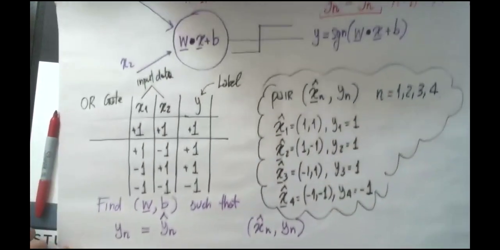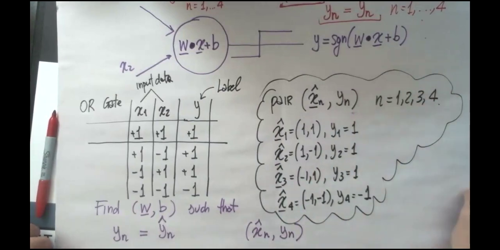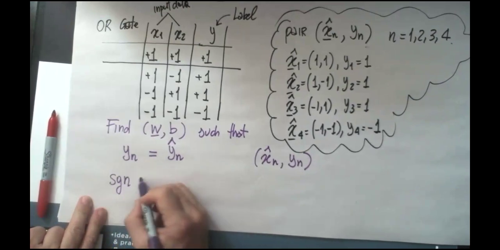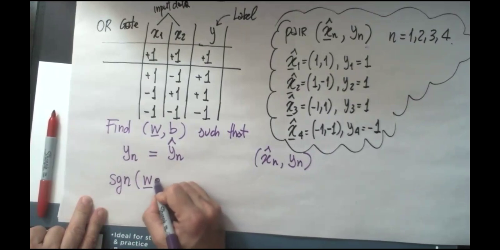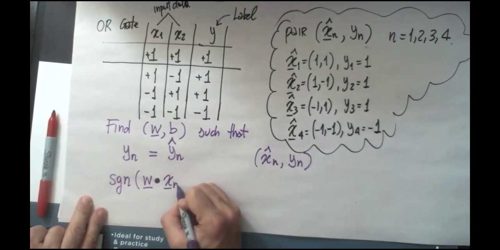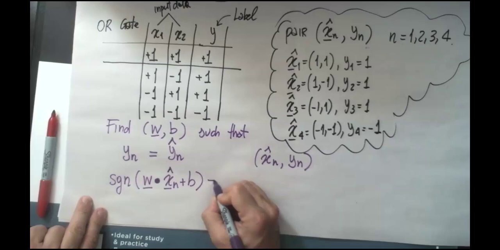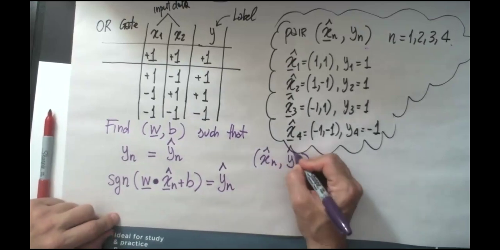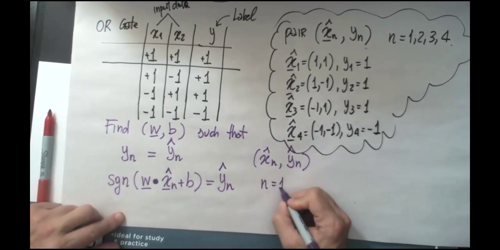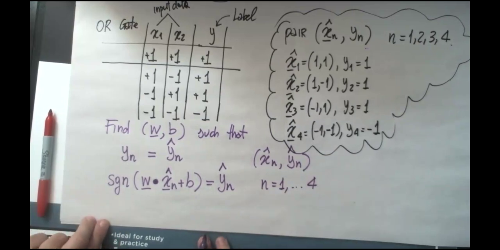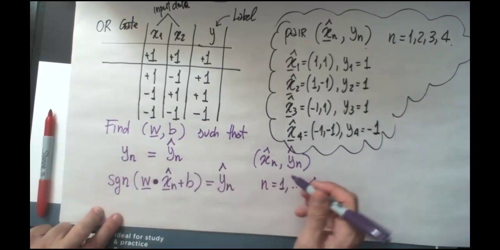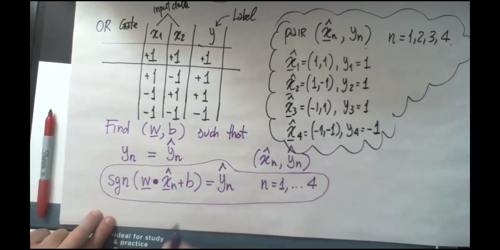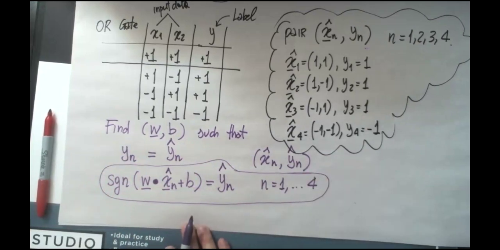The output here we can compute with the perceptron formula. So this basically means the sign of w dotted with the data input plus b has to match the data label, for all n, for all the available data. Okay? So we need to find the parameters of the perceptron that satisfy these conditions.